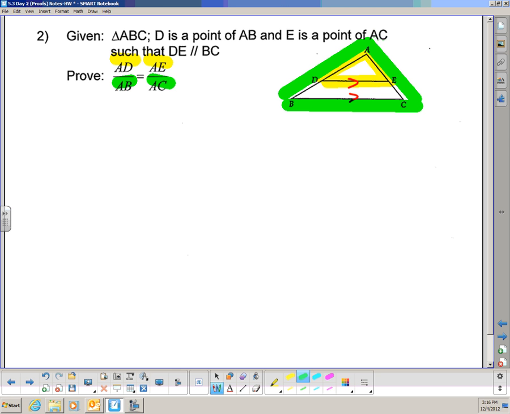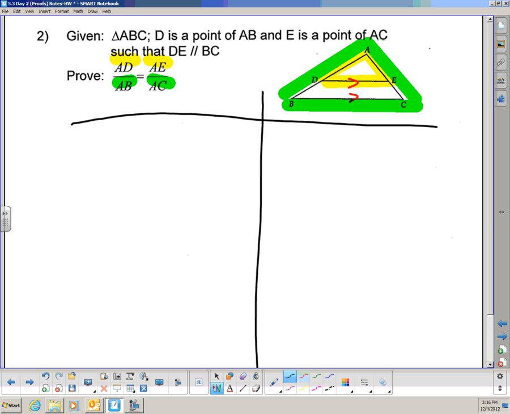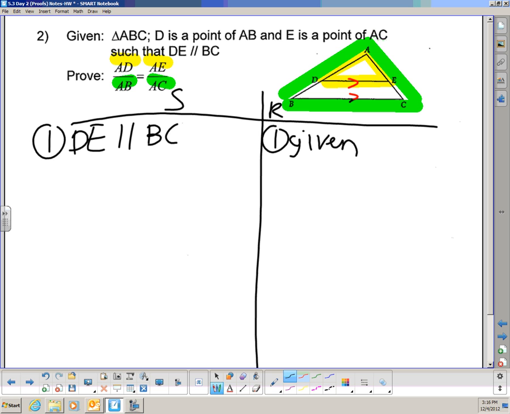We're looking for two pairs of congruent angles. Well, we need to use that parallel line piece to help us out. They're giving it to you for a reason. There's a lot of stuff in the givens, but what's really most important is that DE is parallel to BC. In this case, parallel lines form corresponding angles that are congruent. Angle 1 and angle 2 are corresponding angles, in the same position on the same side, as are angles 3 and 4.